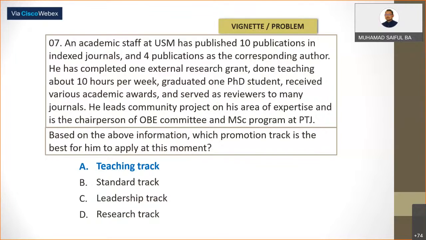So this is how we argue when we decide A is the best. The rest could be possible, but in this situation the best is that the candidate should apply for the teaching track, because more elements of the teaching track are met as compared to the other tracks. So that is the reason for A. Hopefully I made it clear.